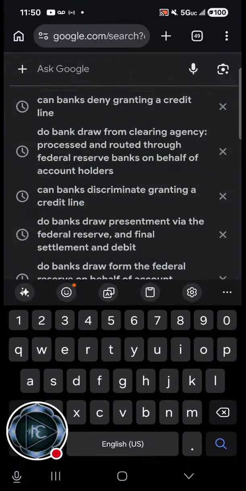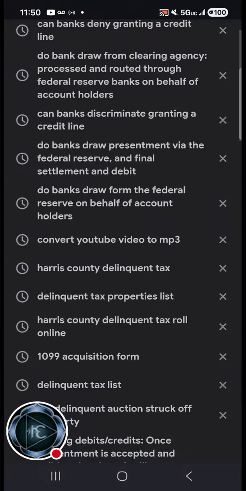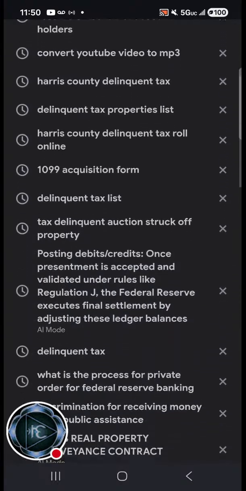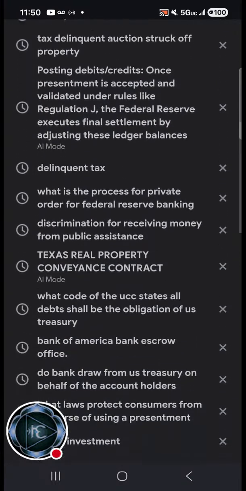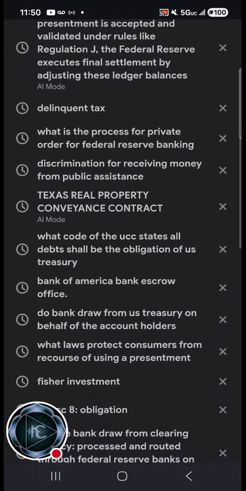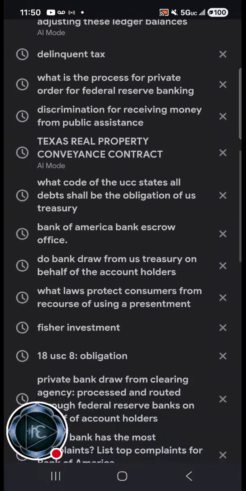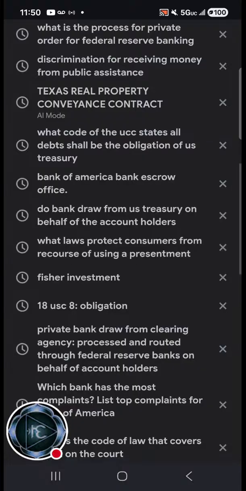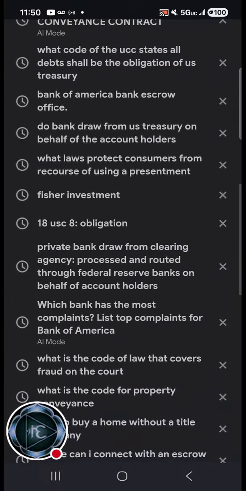Okay. Now, it said that the banks do not draw on your account, okay? I asked, do banks draw from the U.S. Treasury on behalf of the account holders?